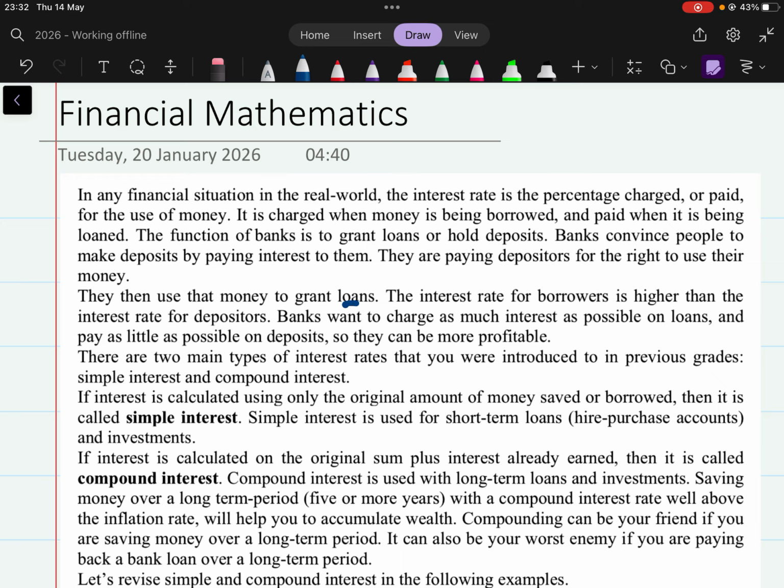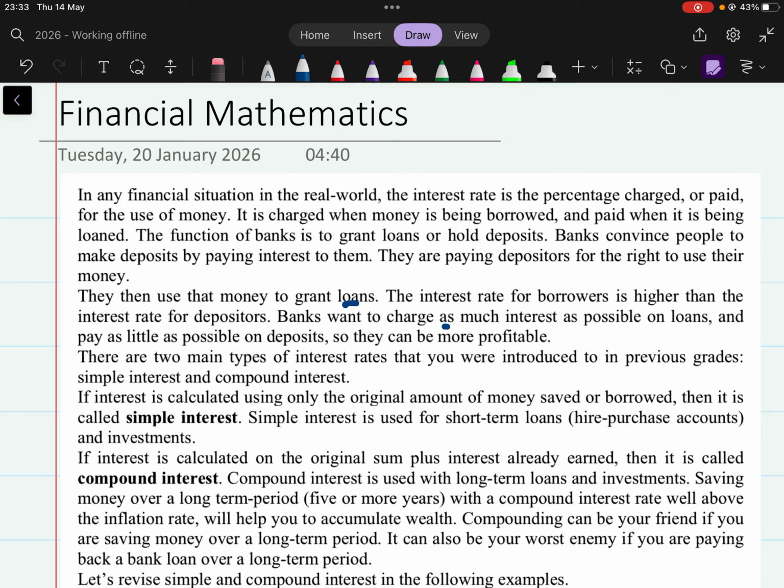Okay, the interest rate for borrowers, they keep it as high as possible. It's higher than the interest rate for depositors. You'll forgive me, I'm not really reading this, I'm just speaking to everything that I see. So the banks want to charge as much interest as possible on loans and pay as little as possible on deposits, so they can be more profitable.